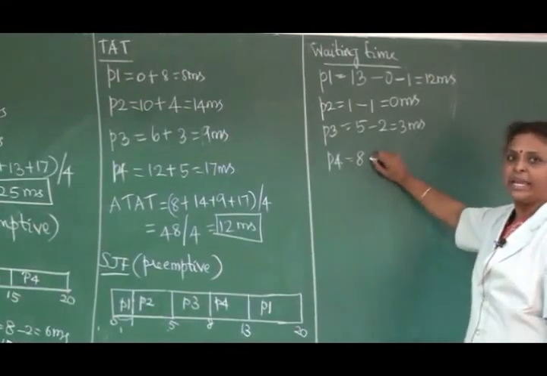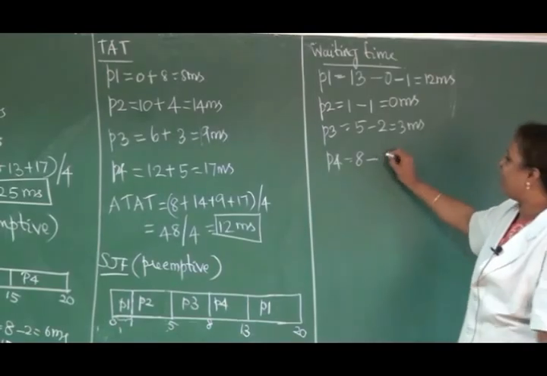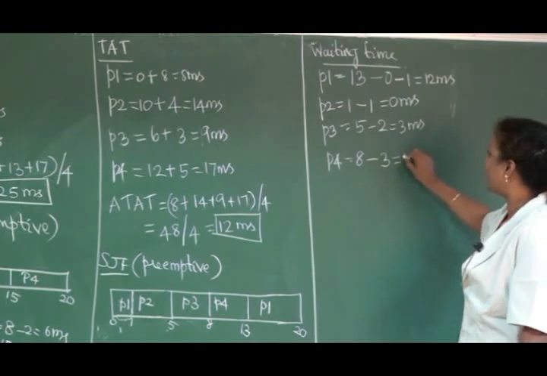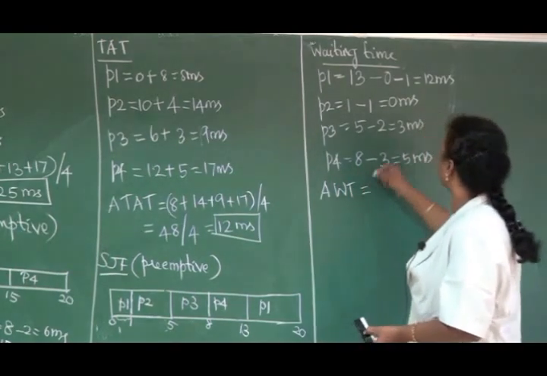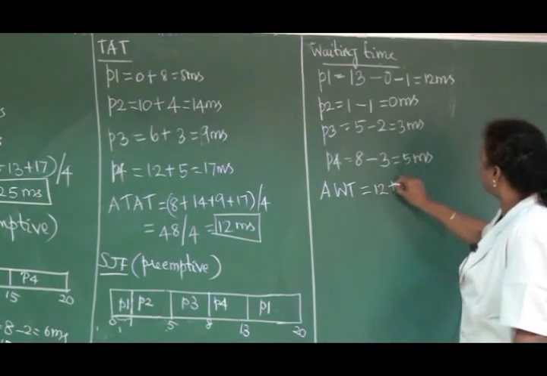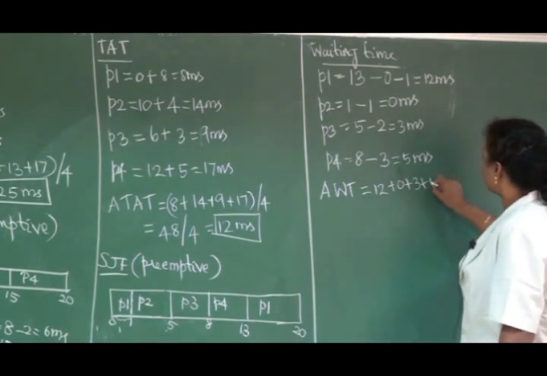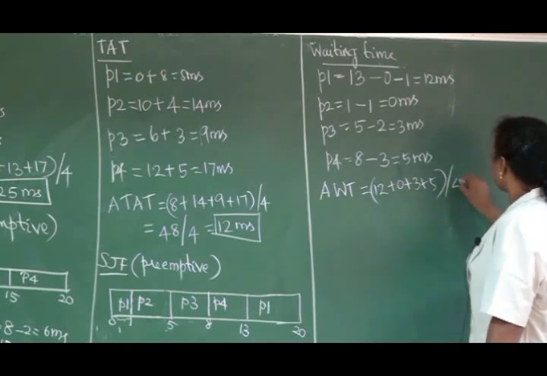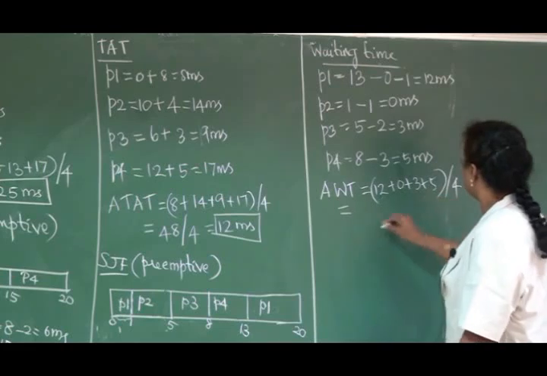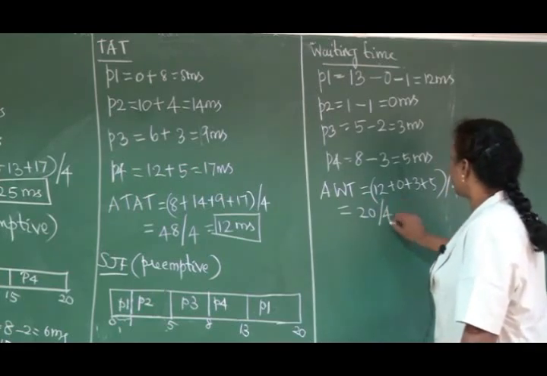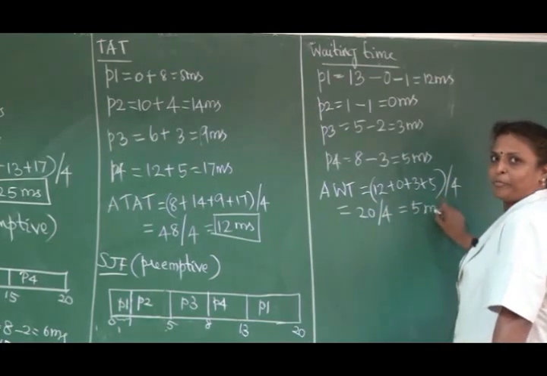So its waiting time is 8 minus its arrival time, which is 3. So 5 milliseconds. So average waiting time is equal to 12 plus 0 plus 3 plus 5 divided by 4. So this will become 20 divided by 4, which is equal to 5 milliseconds.